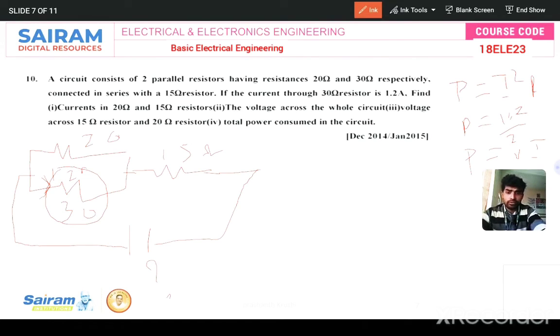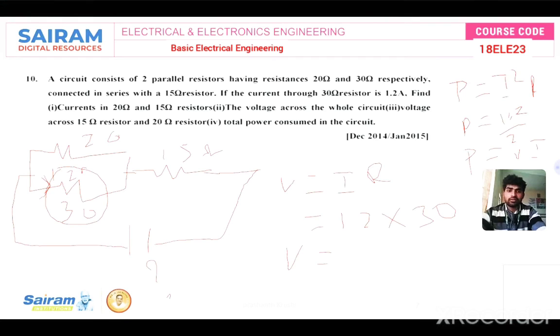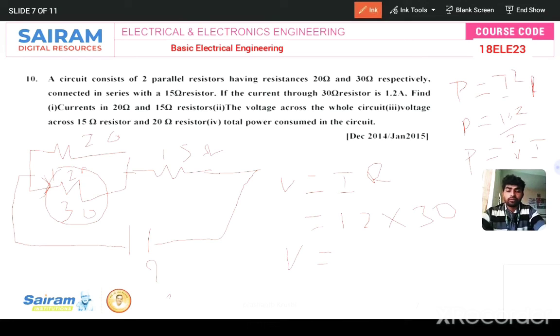V is equal to I into R. I is 1.2 and R is 30. 30 into 1.2 will give voltage as 36, I guess. 1 times 30 is 30 and 2 times 3 is 6. Let me check once: 36 volts, right?